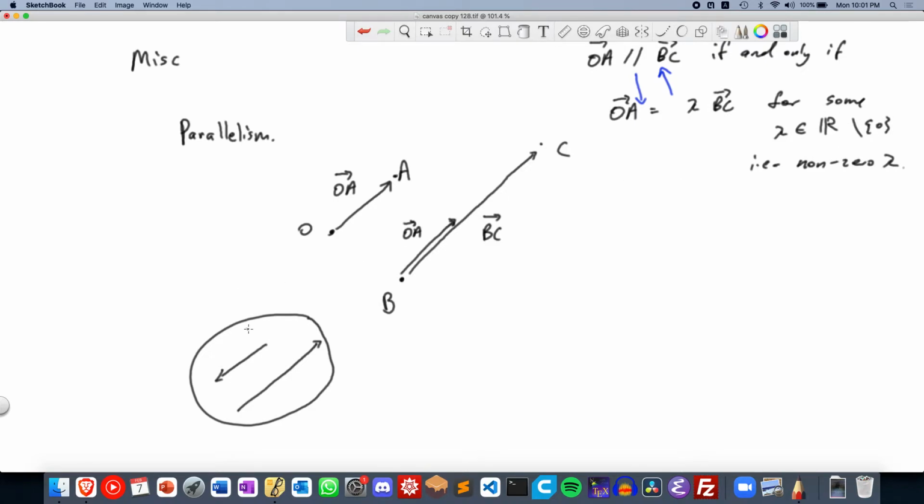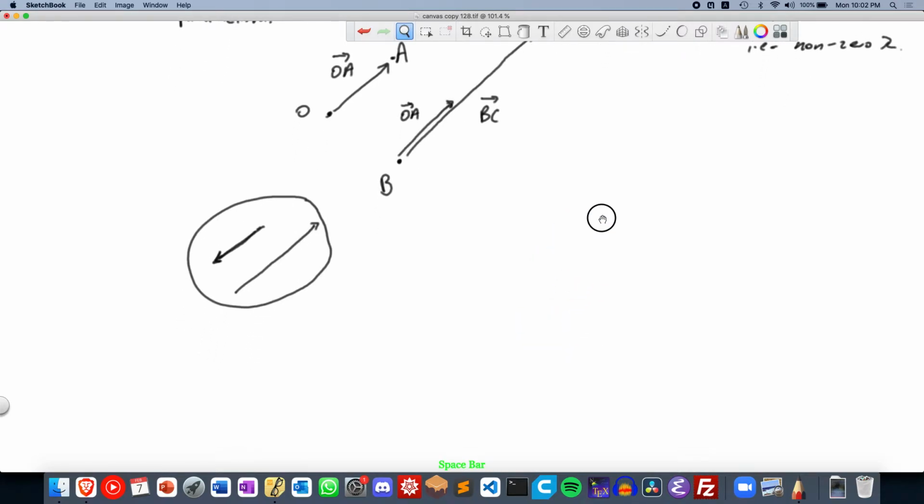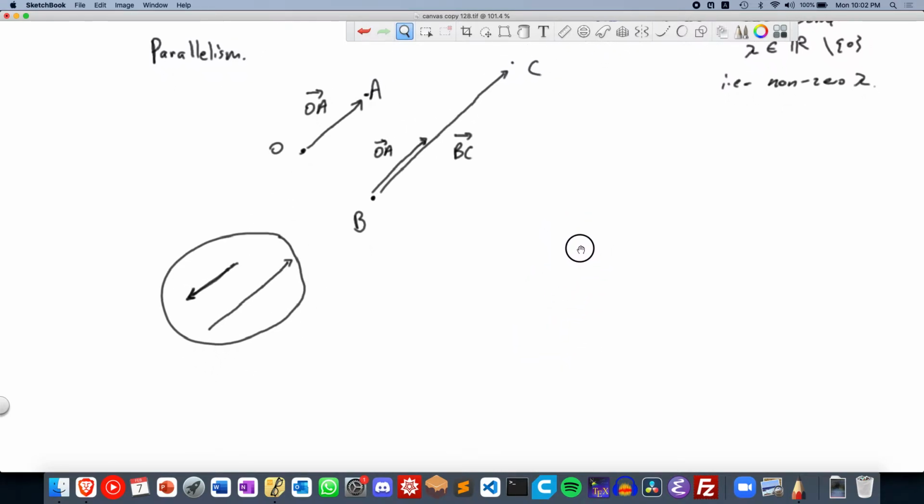So yes, we consider these two vectors parallel, even though you might consider them anti-parallel in some terminology. But that's for parallel vectors. Parallel vectors would be useful when we talk about lines.